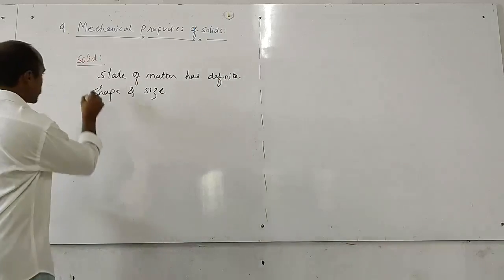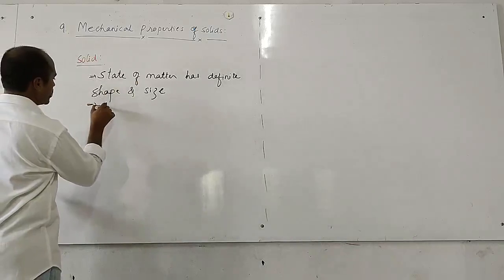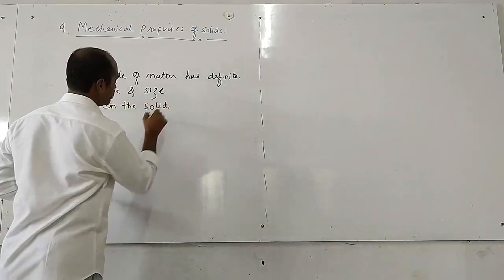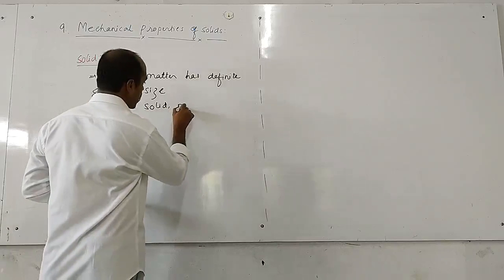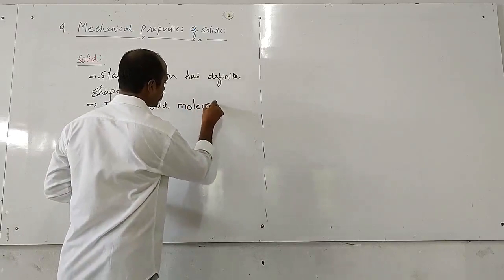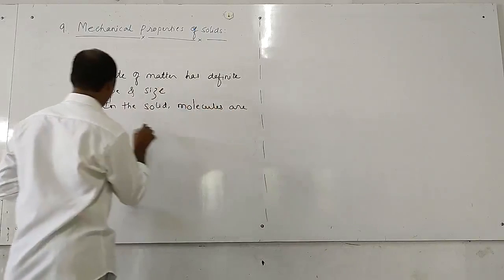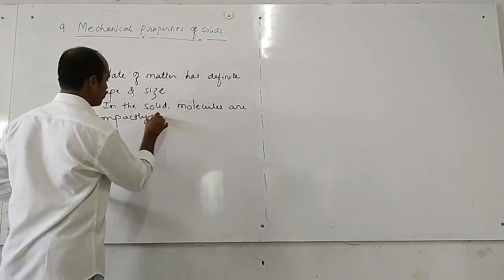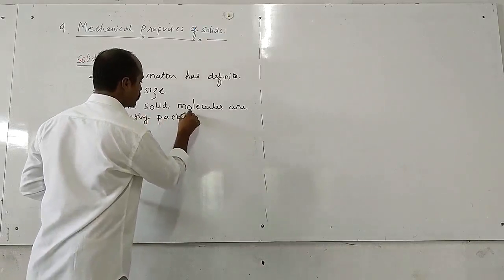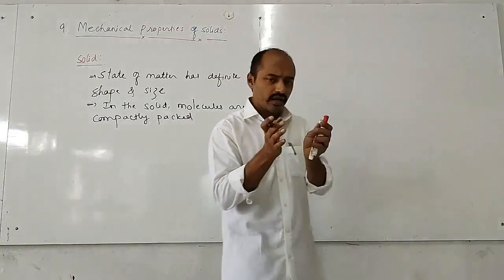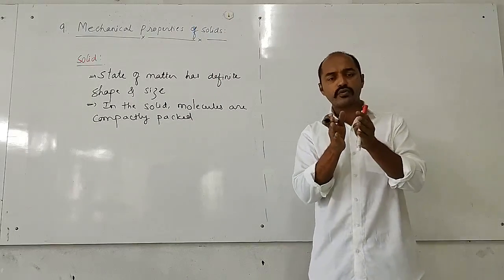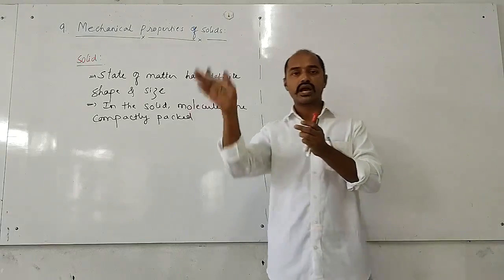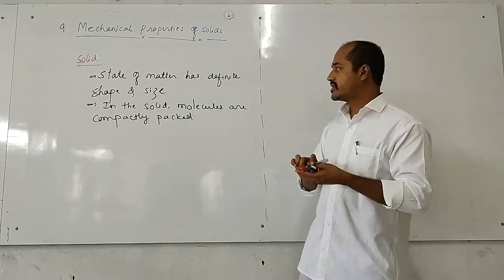Or you can also say that in a solid, molecules are compactly packed. Molecules being compactly packed means they are very near to each other, and their force of attraction is much higher compared to liquids and gases, right? So this is really the solid.